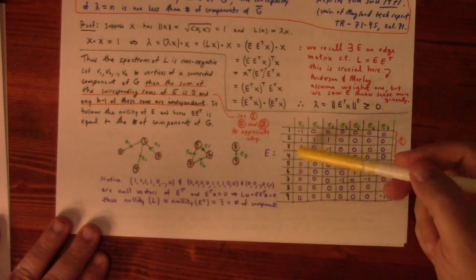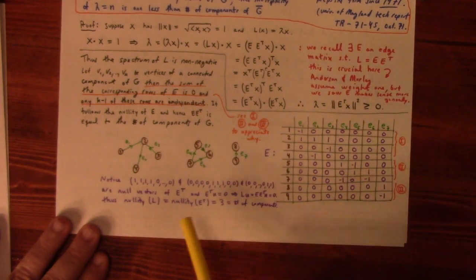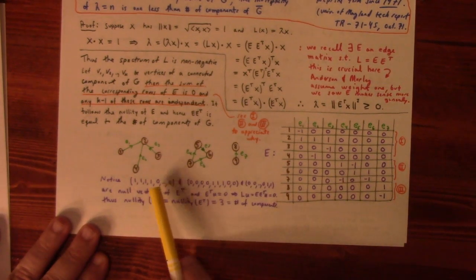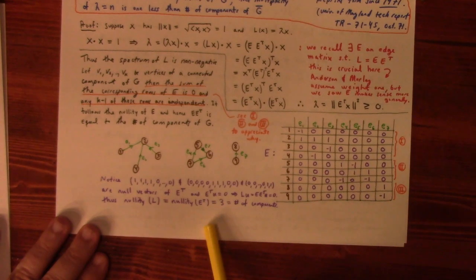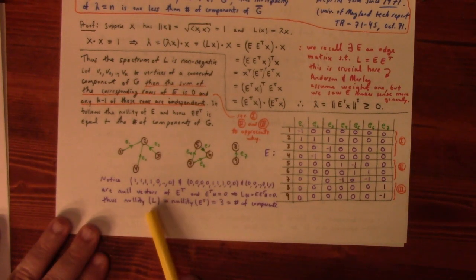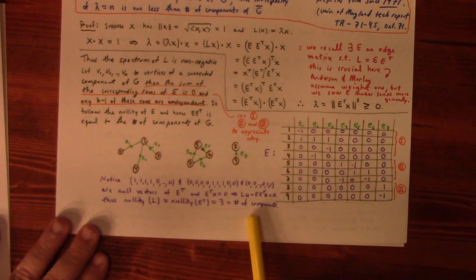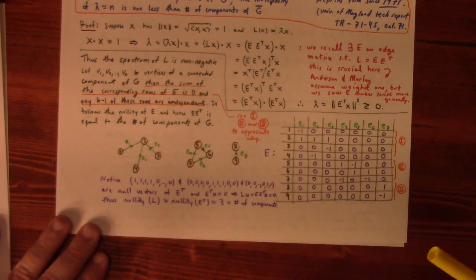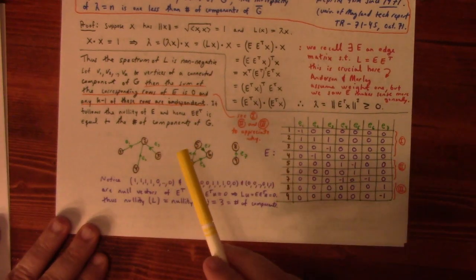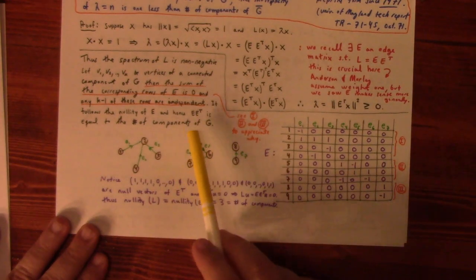If you take the transpose of this matrix and you multiply it by that, or that, or that, you'll get 0. And that implies that these are also null vectors of the Laplacian, which means that the nullity of the Laplacian is in fact 3, which is also the number of components, which goes to show you that the argument is correct.